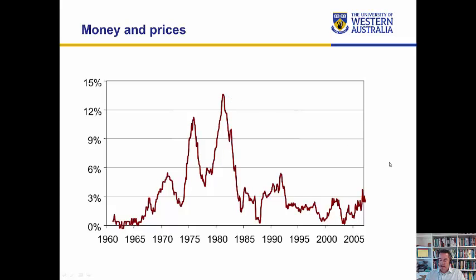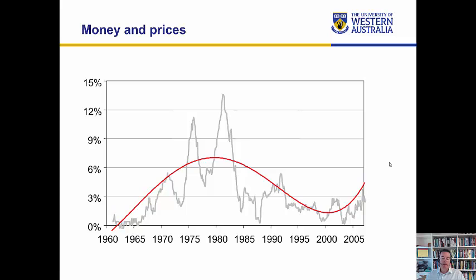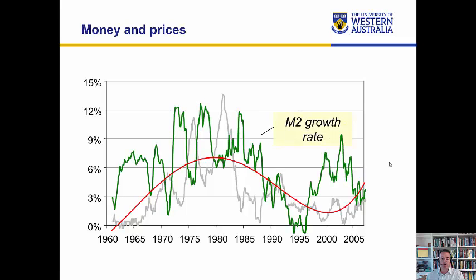So that's inflation, and what I've done here is put a moving average through the series. So I'm not interested in the year-to-year volatility of the inflation rate. In fact, that's quarterly data, so I want to smooth it out to get rid of that short-term volatility. And on top of the inflation rate, I'm imposing the growth rate in the money supply. Now, if you have a look at the two series, quarter by quarter, there doesn't seem to be too much of a correlation.